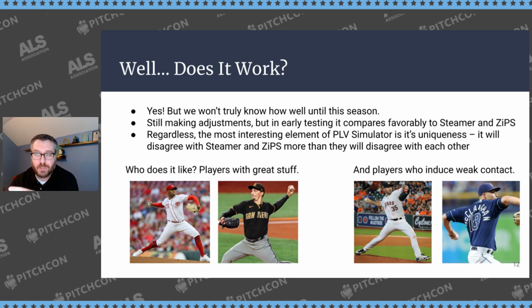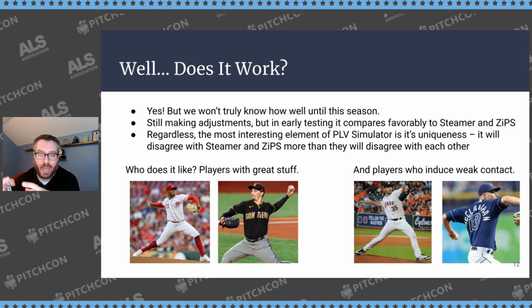It also likes players who induce weak contact, which I think is a really awesome element of what we're trying to do here. We don't need to project BABIP, because BABIP is a natural outcome of the PLV stat.